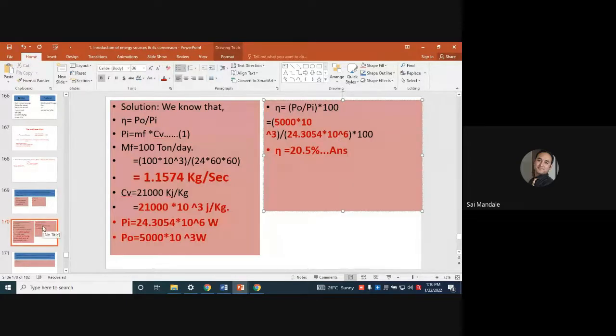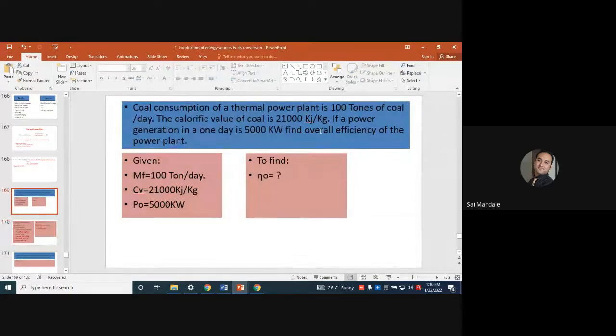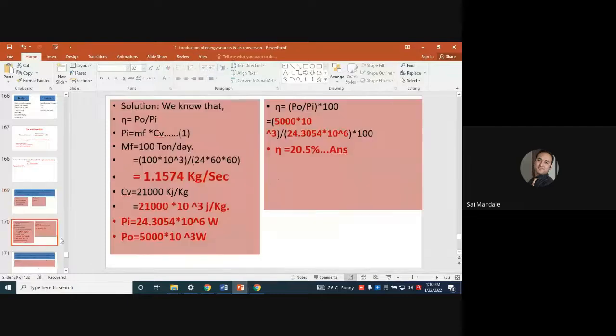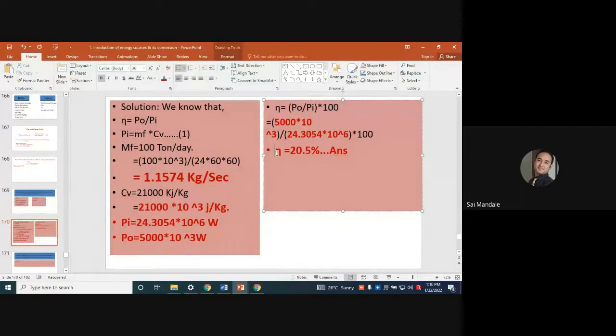Let us have an overlook of this. What they asked me, they told me to find the efficiency. And I have calculated the efficiency. It is easy or not? Yes, sir. Only you have to pick, if you know the power input and if you know the power output, and if you know the simple formula, efficiency is equals to power output upon input, you can easily identify the answer.